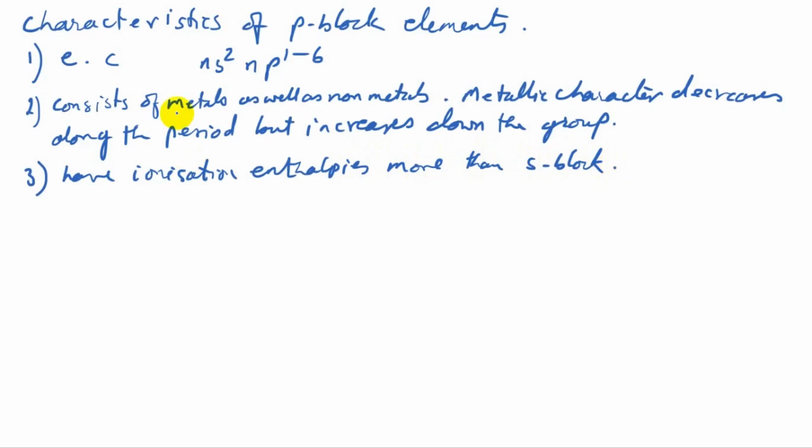Then they form covalent compounds. Again, when we say ionic or covalent, it's not always. Most of the compounds are covalent.